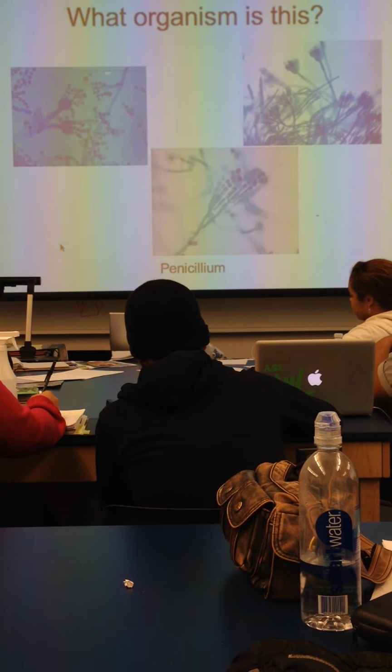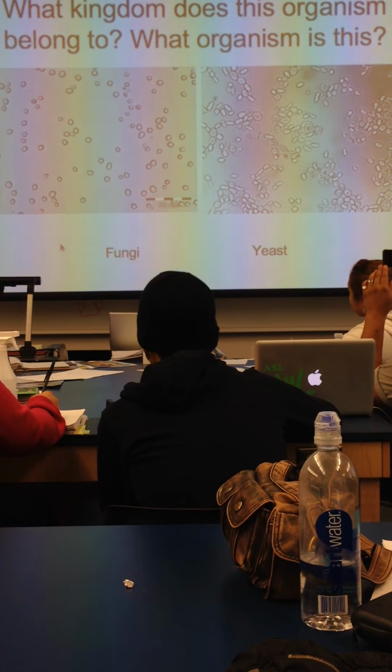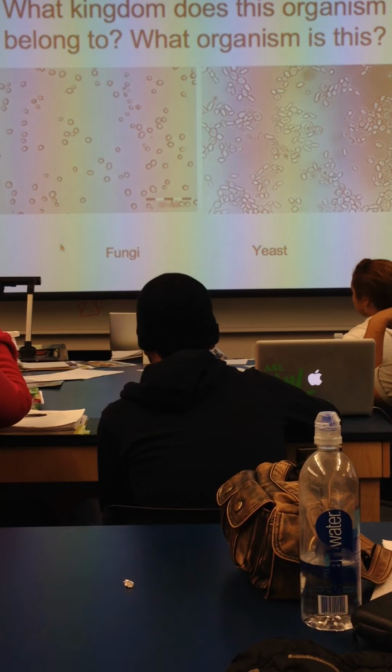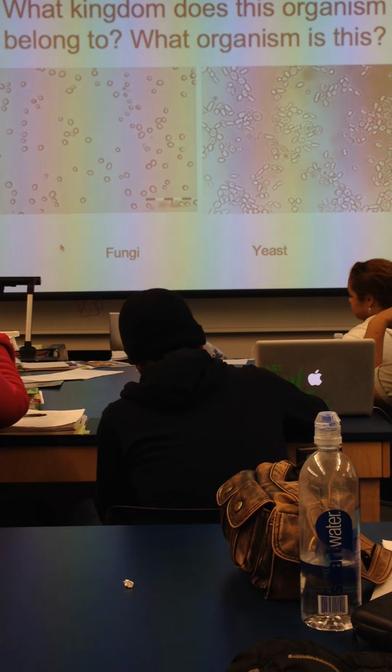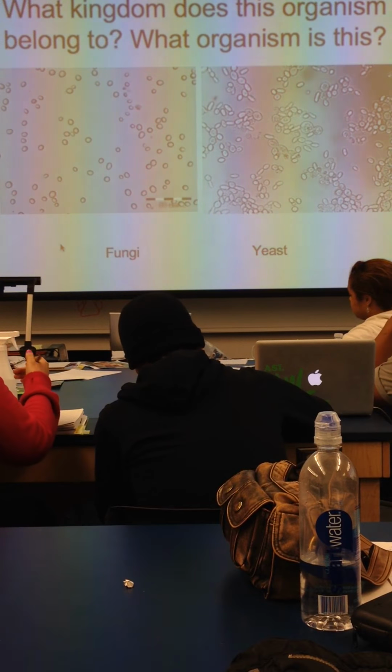You guys okay if I switch? All right. So what organism is this, and what kingdom does it belong to? Sorry? It's yeast. Okay? I didn't put up a preserved slide of yeast because we didn't look at one. This is living yeast, okay? How did you know that this was yeast and not coccus bacteria?